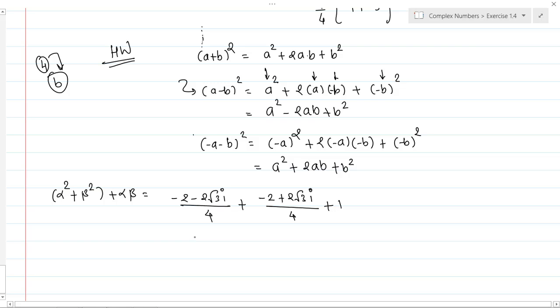Good. Now let's add all of this. In these first two terms the denominator is the same, so we can easily add the numerators. So 1 by 4 common, so it's minus 2 root 3i, and again minus 2 plus 2 root 3i, okay, and plus 1. So 2 root 3i and minus 2 root 3i simply cancel, which equals 1 by 4. Inside the bracket we have minus 2 becomes minus 4, and plus 1.